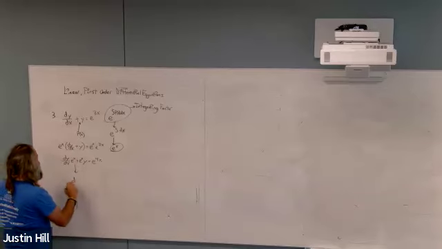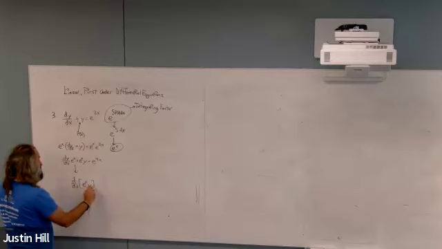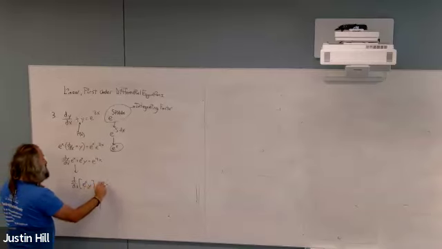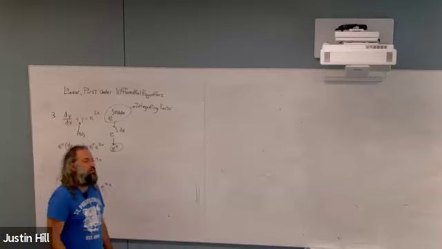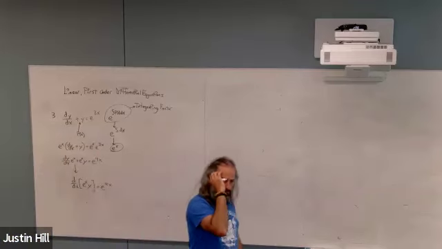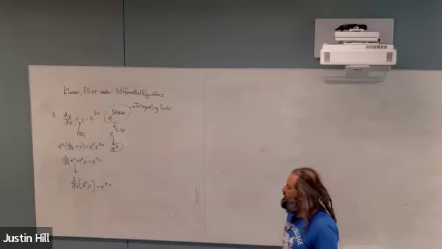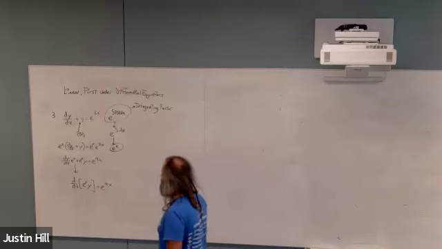So this is actually d/dx of e to the x times y. So we're literally treating e to the x times y as the function we're taking the derivative of.